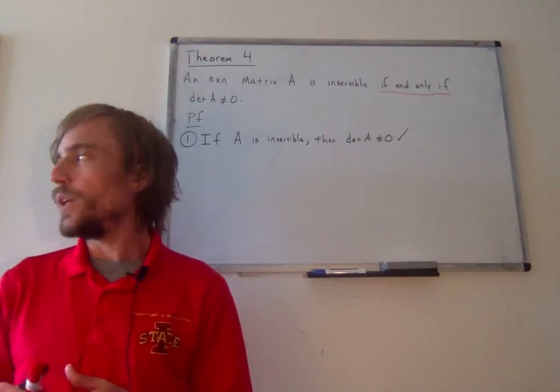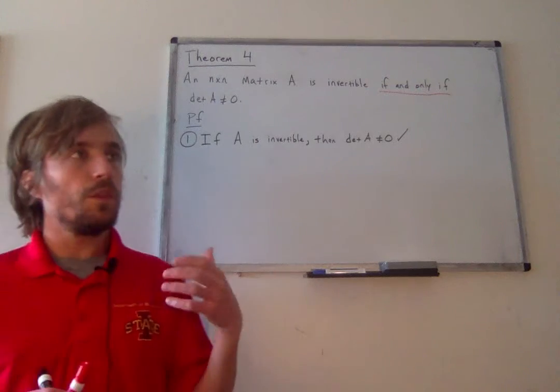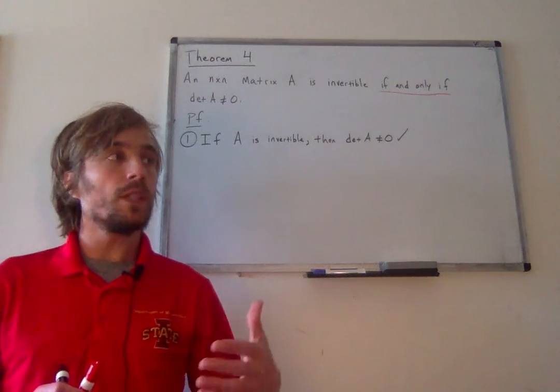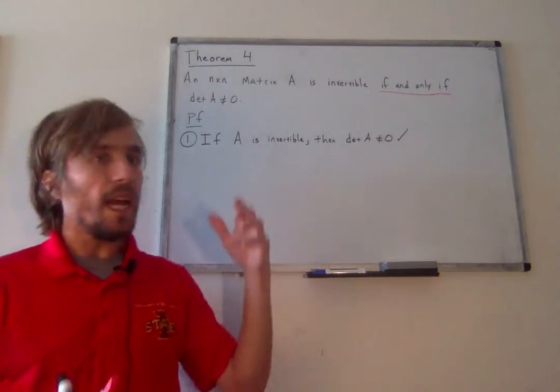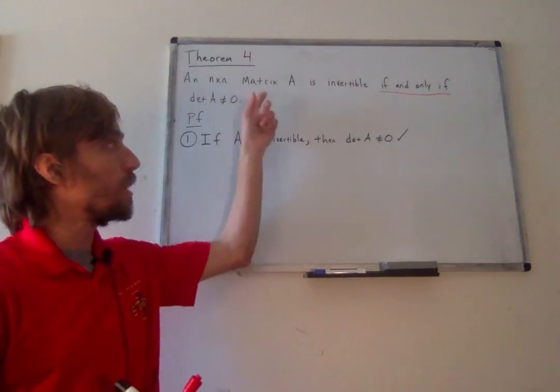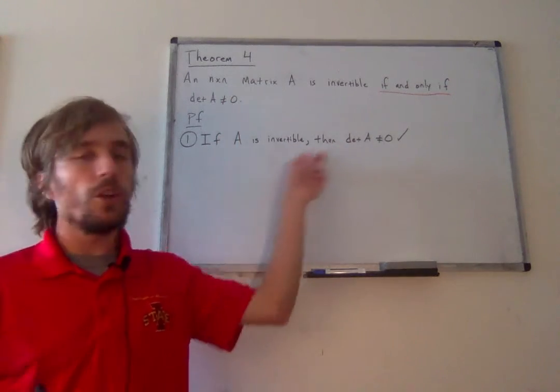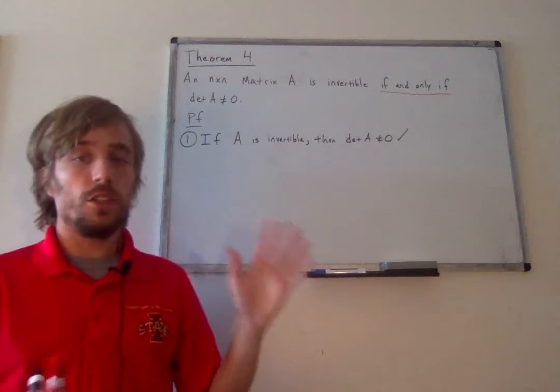There's a lot that went into it, but one of the key points was that we had this thing which we knew, if A was going to be invertible, had to be non-zero. So we've already discussed and shown this.